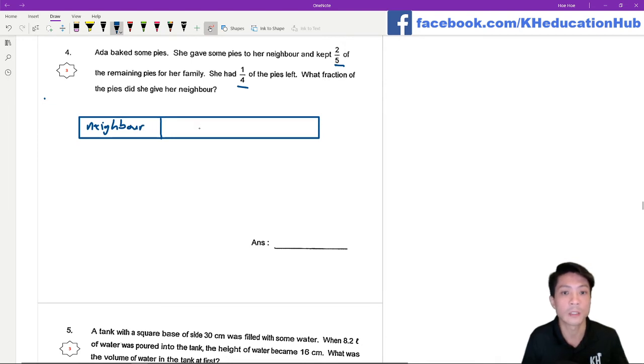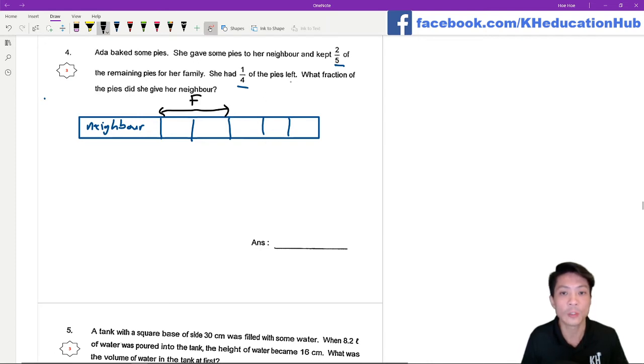And she kept 2/5 of the remainder. So this I'm gonna cut into 5 parts. In color, so here to here would be for the family.